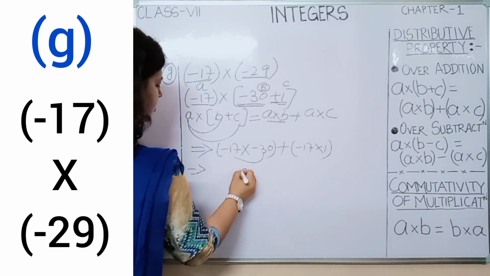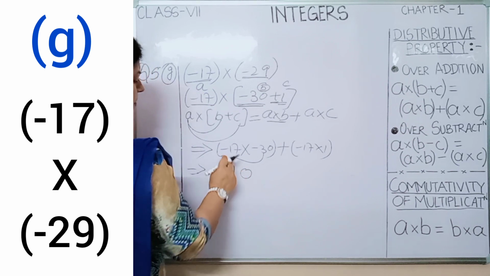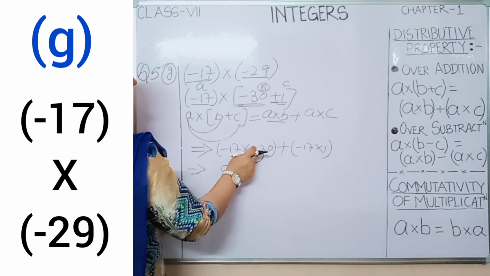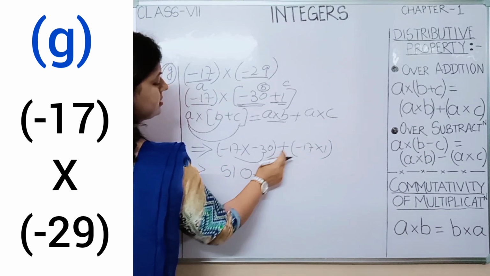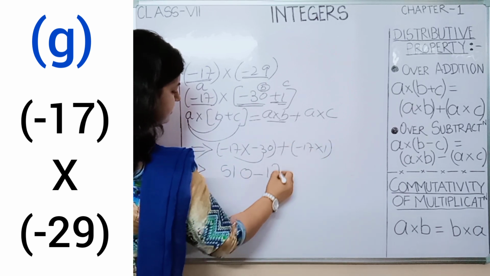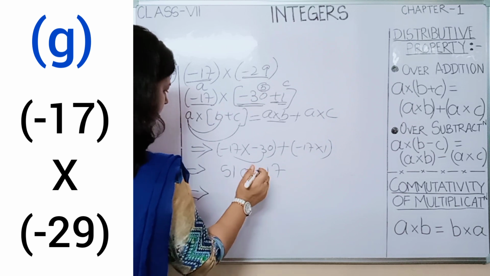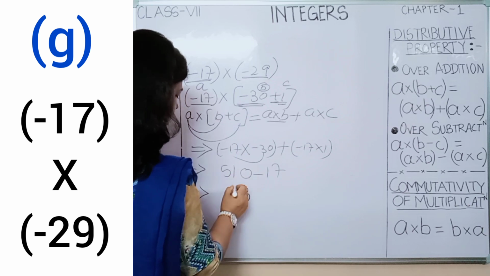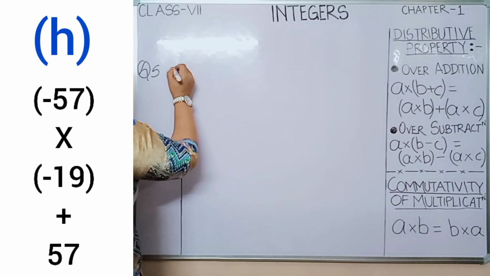Minus 17 into minus 30 is 510. We have 2 minus signs over here, so we get a positive integer. Plus minus 17 multiplied with 1, we get minus 17. So subtract. And the answer is 493. Our last part is H.